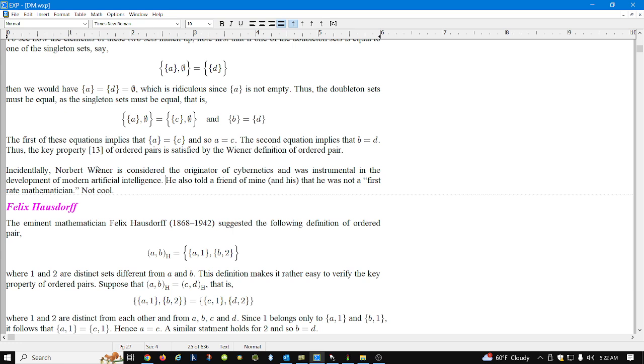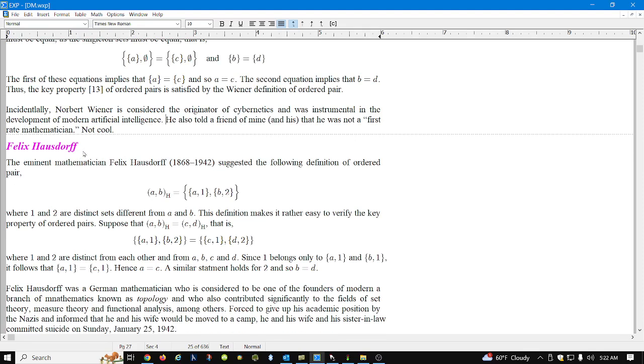In any case, let's move on. The next candidate for ordered pair was proposed by Felix Hausdorff. And he suggested this definition, specifying that 1 and 2 are distinct sets different from A and B. So that's a little awkward, because what if A is 1?